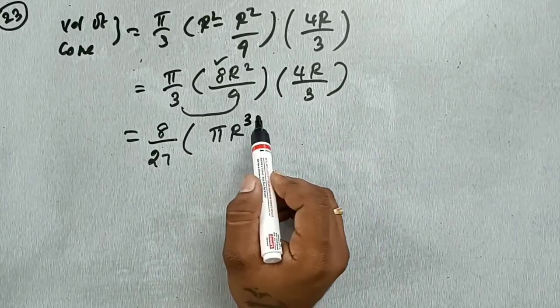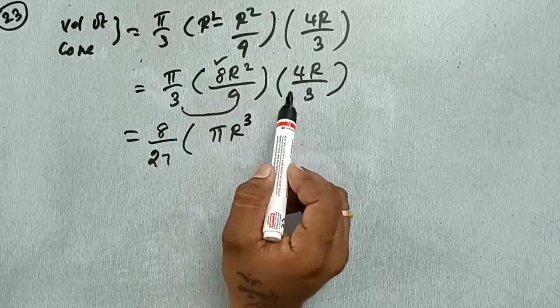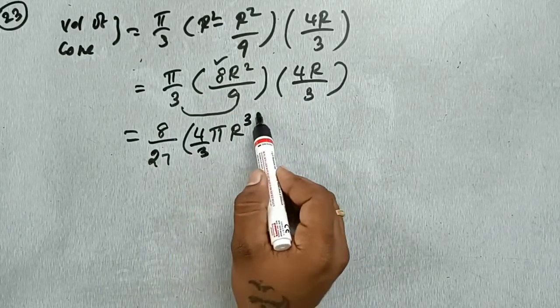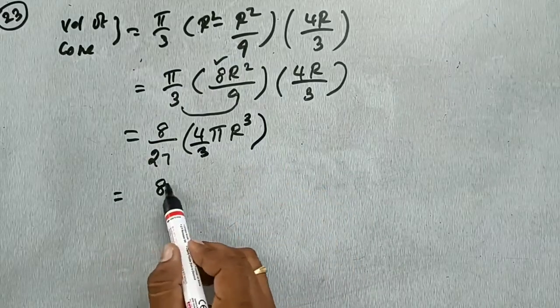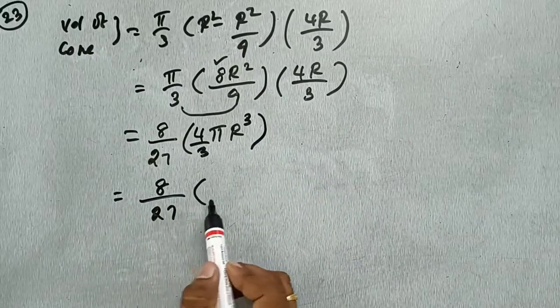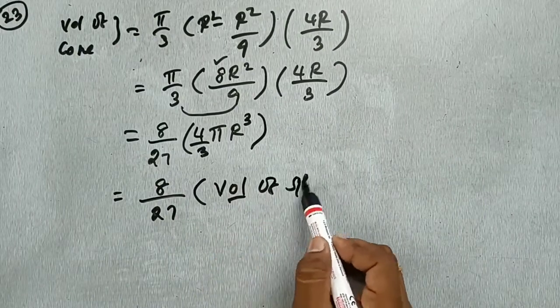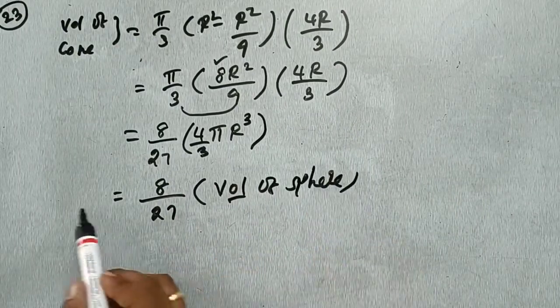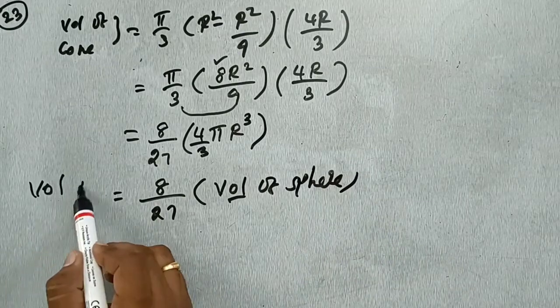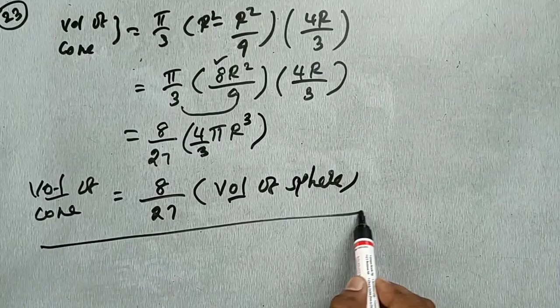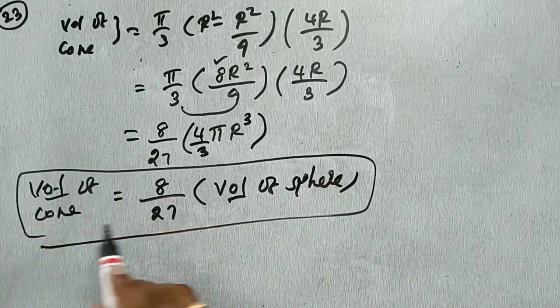Similarly in the denominator, 4 is available, 3 is available, so 4 by 3. That is equal to 4 by 3 pi r cube, which is nothing but the volume of the sphere. So I have proved here that volume of cone equals 8/27 times the volume of the sphere.